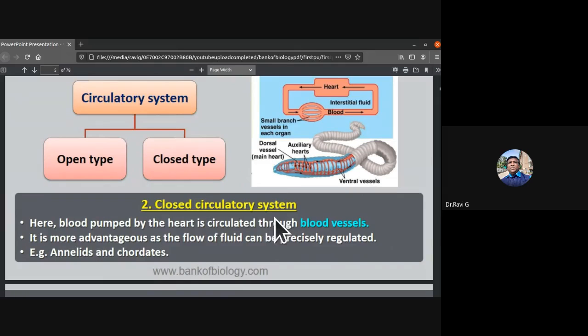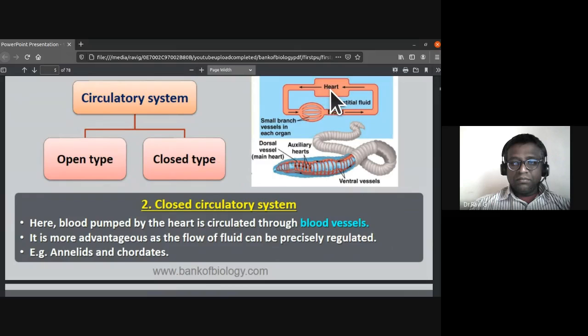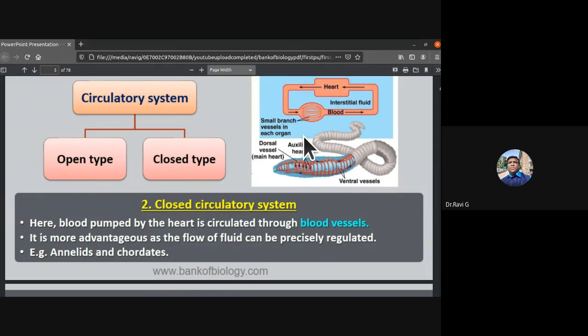In a closed circulatory system, blood is pumped by the heart and circulated through blood vessels.